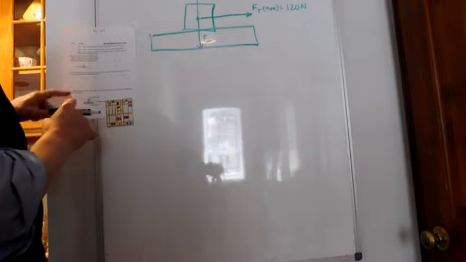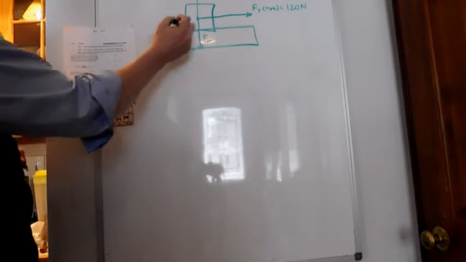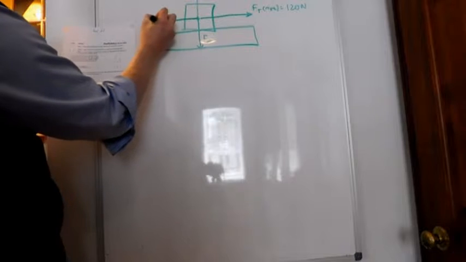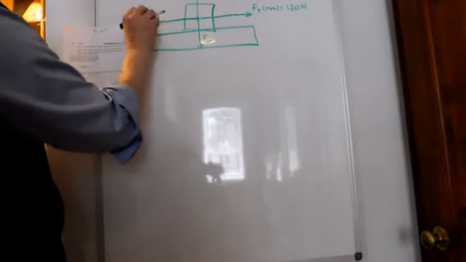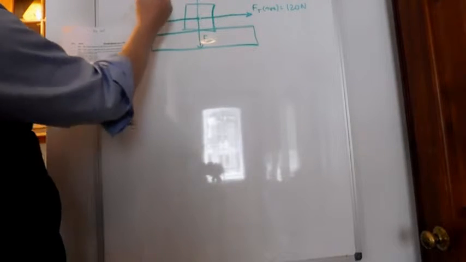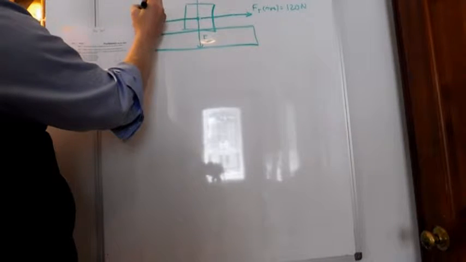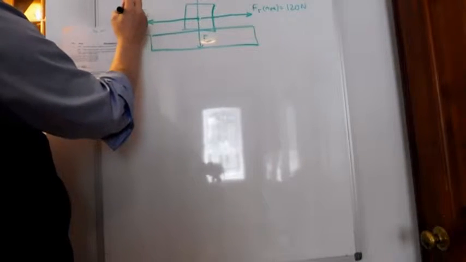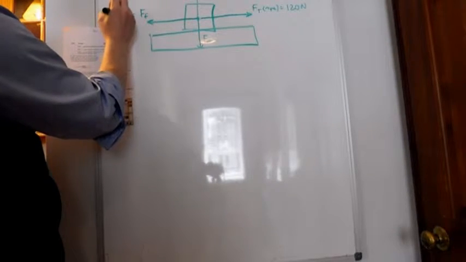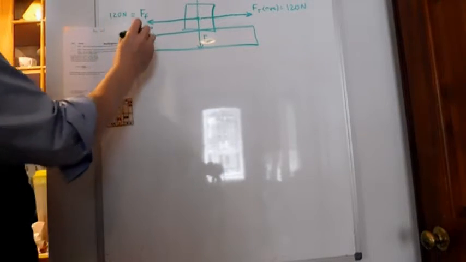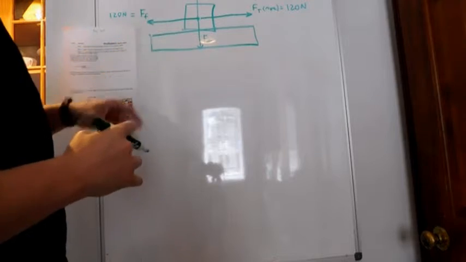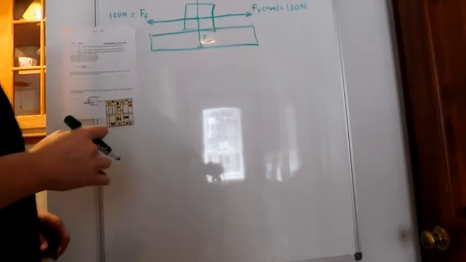Now, we know that we are going to need a force that's exactly the same as the force of tension, and that's going to be the force of friction. It's also going to be 120 newtons, and we know that these two forces are balanced because the block is moving at a constant velocity.